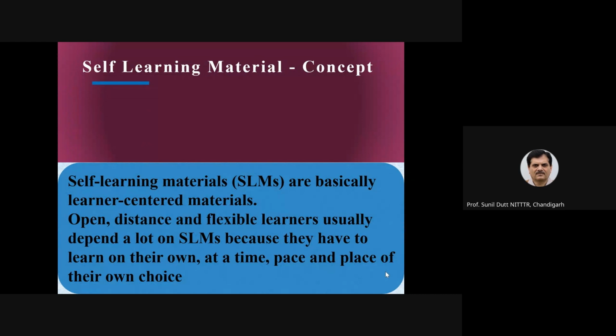Immediate knowledge of result means that each module will contain inbuilt questions followed by feedback. Many open distance flexible learners depend a lot on self-learning material because they have to learn on their own, at a time, pace, and place of their own choice.